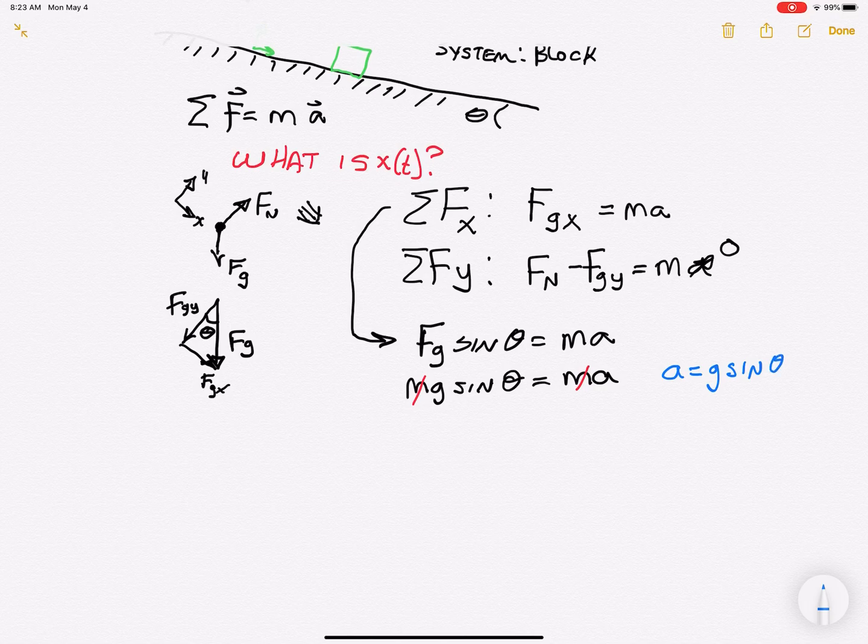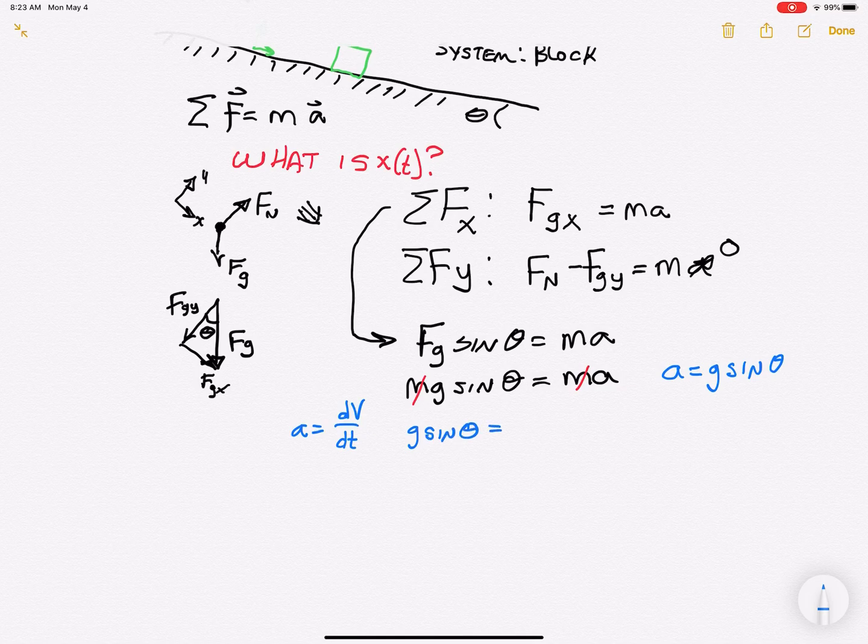So now the question is, what do we do about x? So the acceleration is the derivative of velocity over time. So we'll plug in the acceleration, g sine theta.